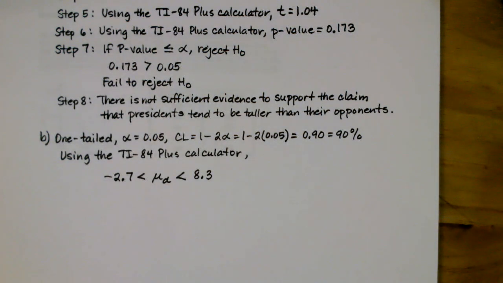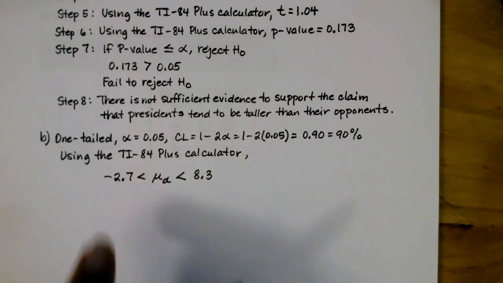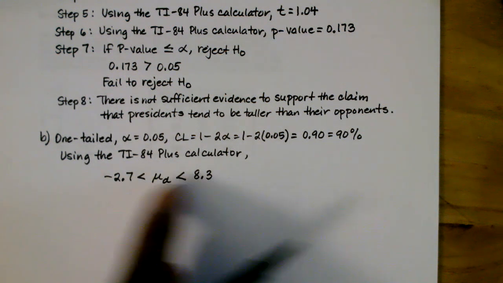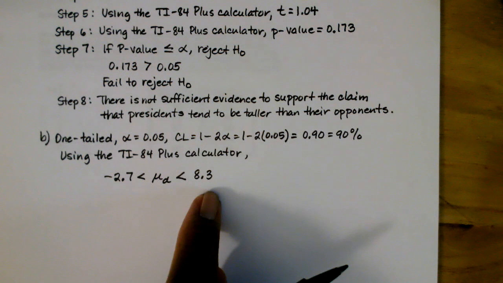And what that means here is we're saying that we are 90% confident that the differences of heights in presidents and their main opponents fall between negative 2.7 and 8.3, the true differences, by the way. Now notice that I have a negative on the left side and a positive on the right side.